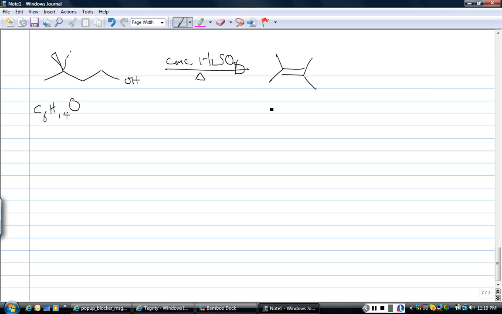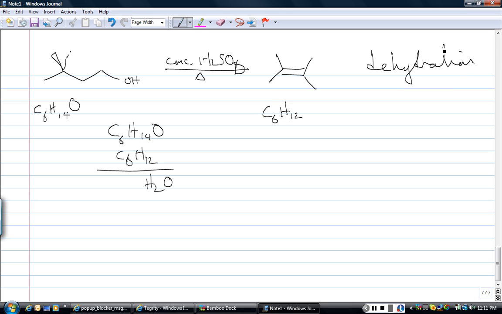The formula of this compound is C6H12, and I have no O's. So literally the difference between C6H14O and C6H12, the difference is literally H2O. So this reaction really then is a dehydration.